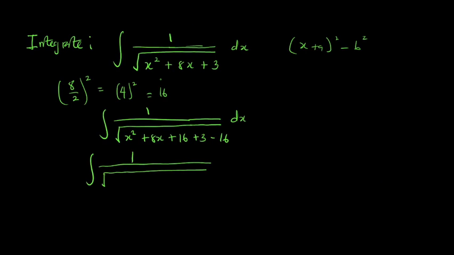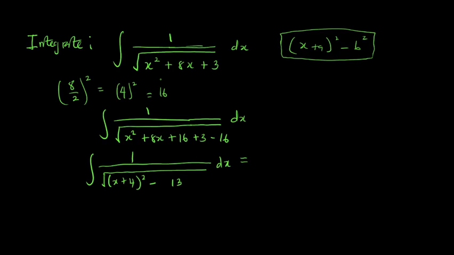x squared plus 8x plus 16 can be written as x plus 4 squared, because my main aim is that I want to write the denominator in terms of this expression, right? So plus 3 minus 16 is minus 13. Minus 13 the dx.